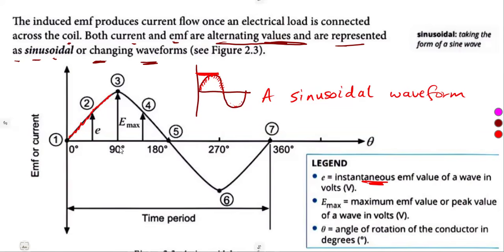Then we've got the maximum value. As we can see from a sine wave, that is at 90 degrees. That is where we've got maximum. And at 270, we've got the minimum value from our sine wave, guys.